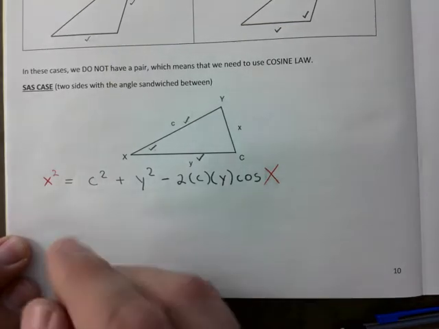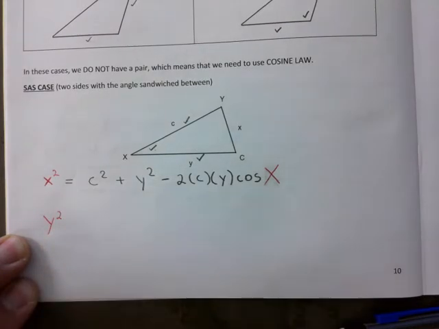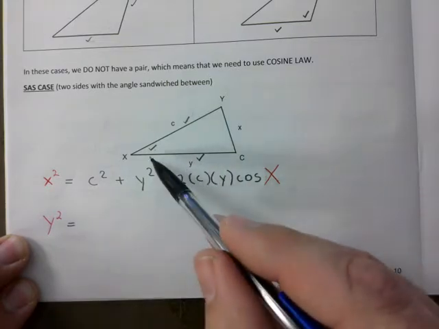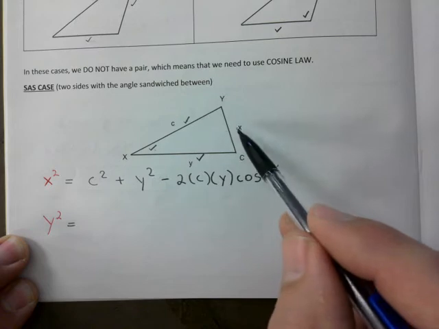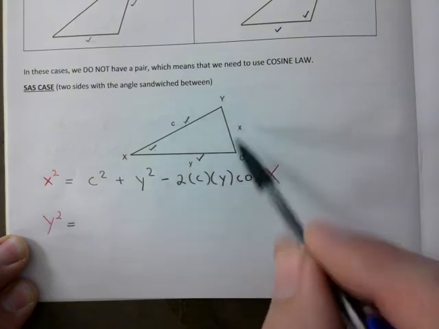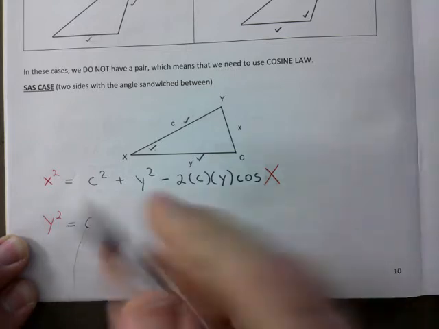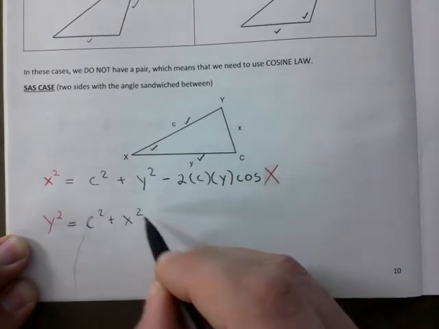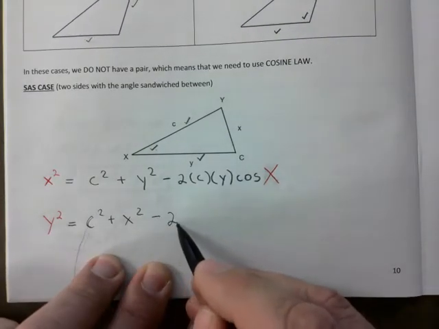So let's say I wanted to find y squared. I wanted to find what the side y is, this one right here. I would then go, what are the other two sides? C and x. So we have c squared plus x squared minus, what are the two sides that are going to be multiplied by 2?